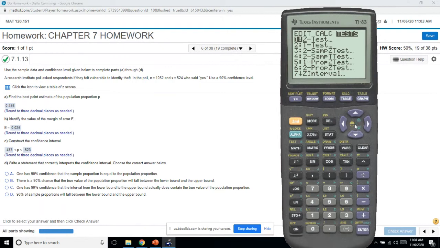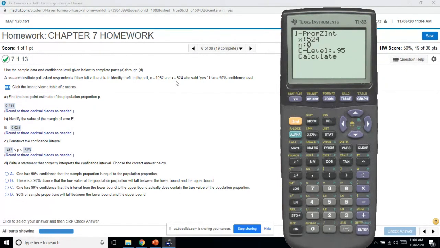And then in test, I want 1-PropZInt, the one proportion Z interval. I'm going to click enter. It's going to ask me for X. So X is 524.